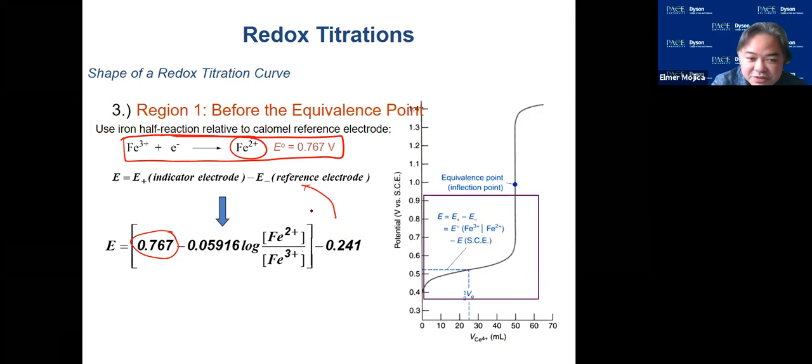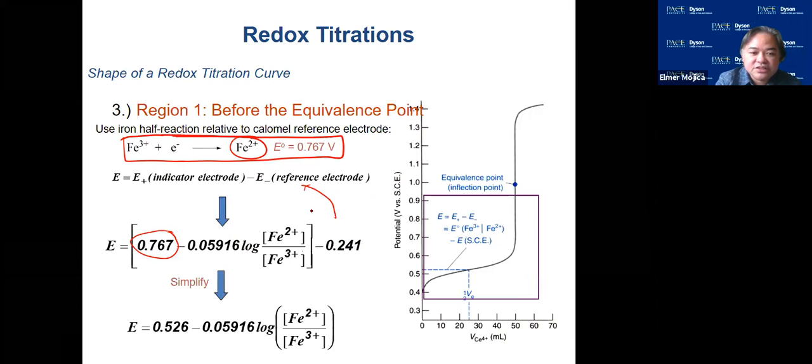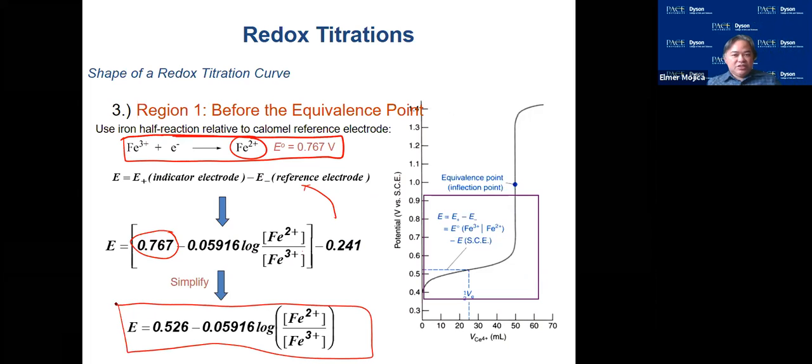And if you simplify it, this is the value that you will get. I think in your lab report, you have to do some calculations like this. I didn't include that in the pre-lab discussion because I know that we're going to meet in the lecture to discuss this.